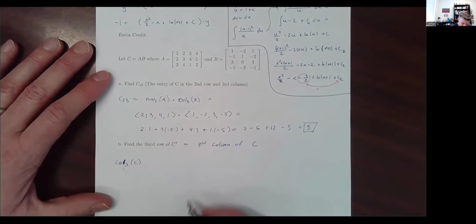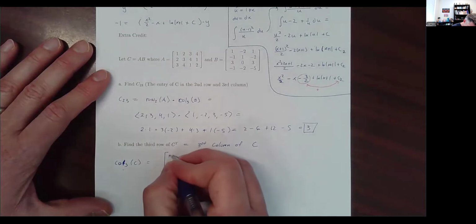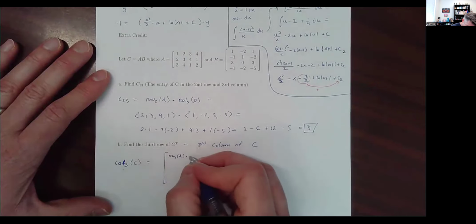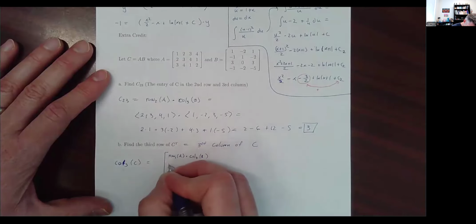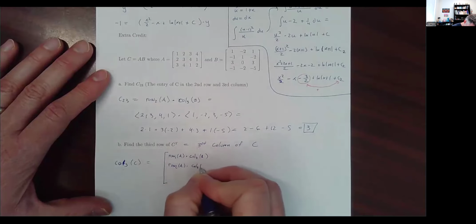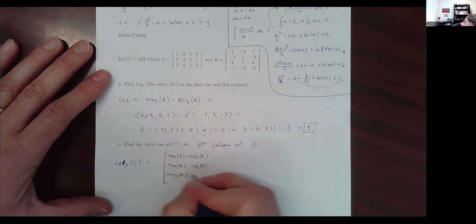I'm just making it up really. It's going to equal row 1 of A dotted with column 3 of B, and then the next entry is going to be row 2 of A dotted with column 3 of B, and then it's going to be row 3 of A dotted with column 3 of B.